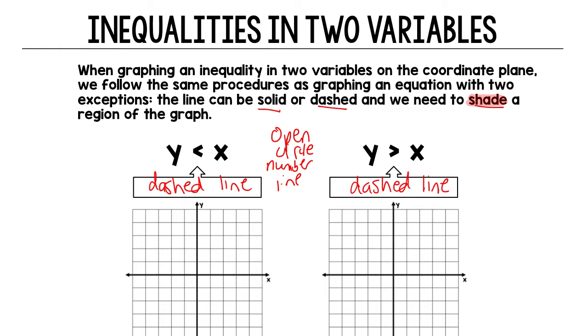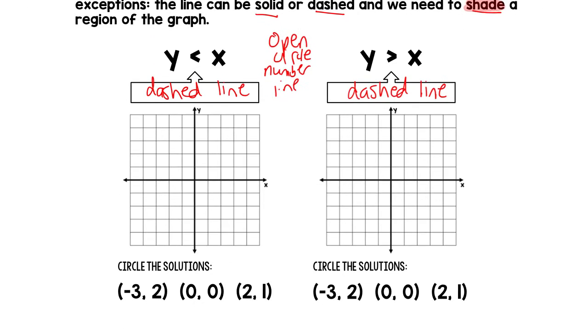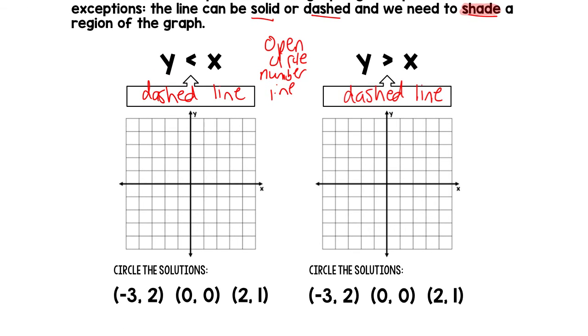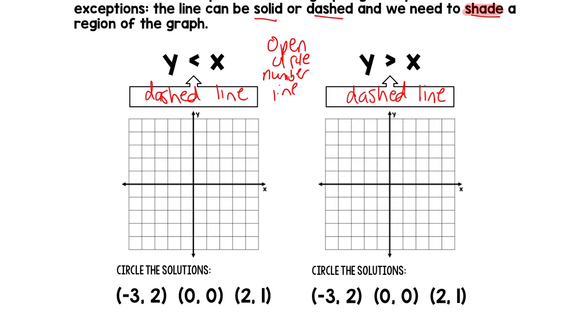What that means is that the numbers along the line are not included in the solution, just like the number where the circle is is not involved in the solution. Let's graph this first set of solutions here.